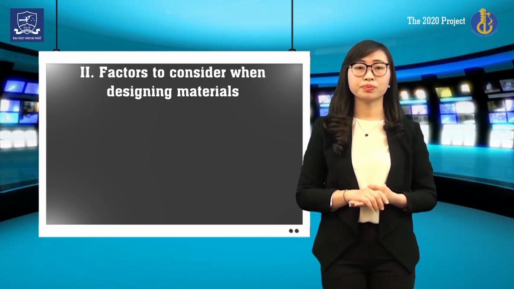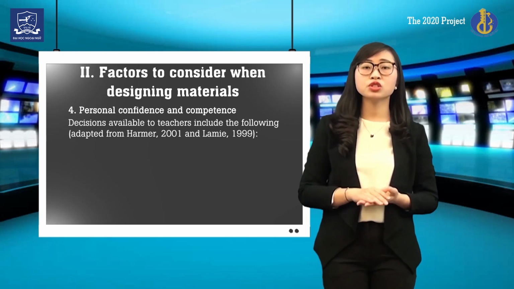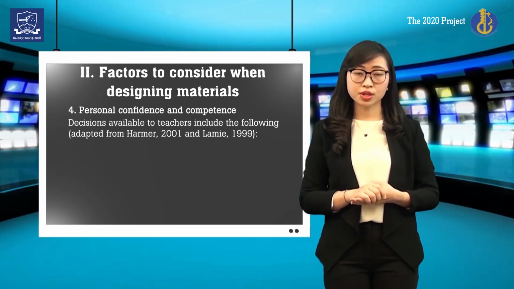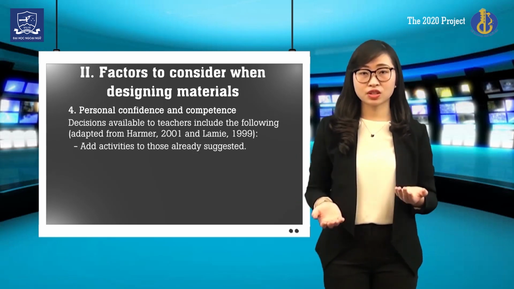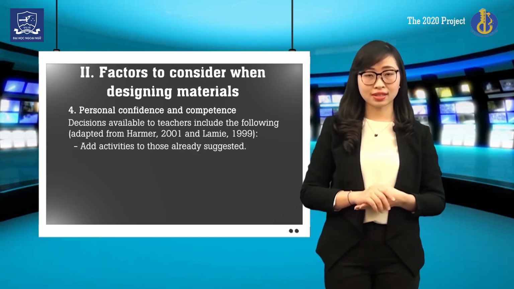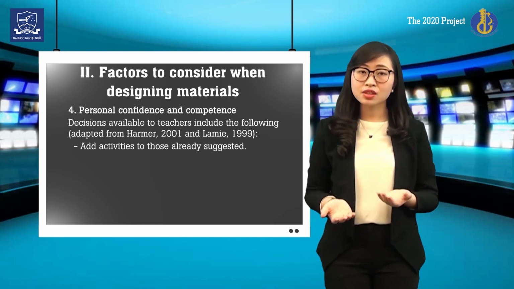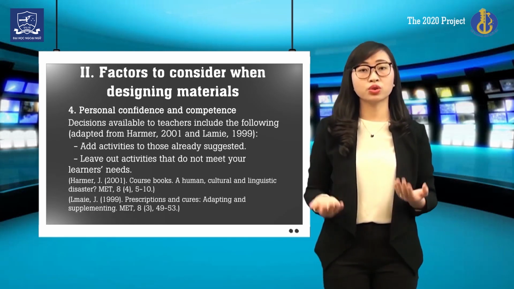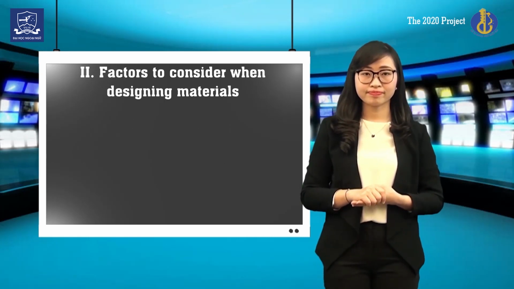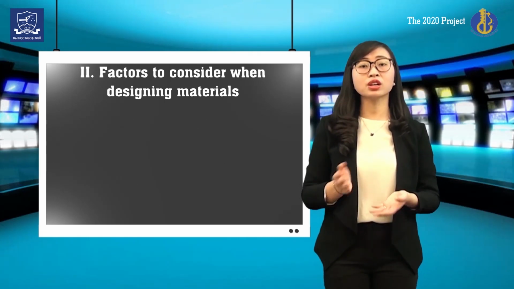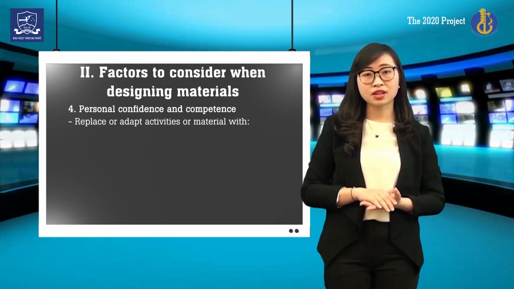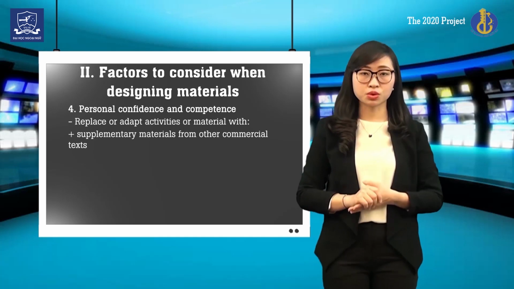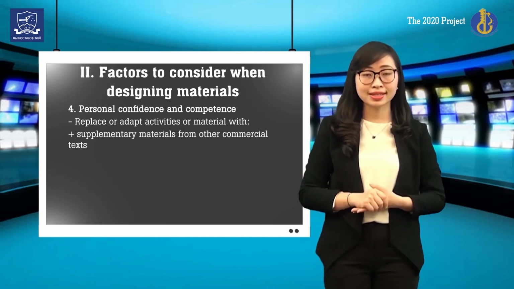According to Harmer, decisions available to teachers include the following. First, add activities to those already suggested. Next, leave out the activities that do not meet your learners' needs. Teachers also can replace or adapt activities or materials with supplementary materials from other commercial texts.